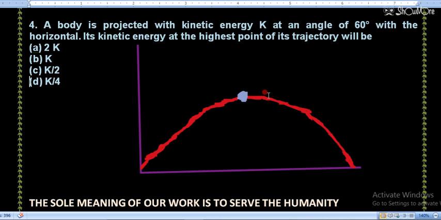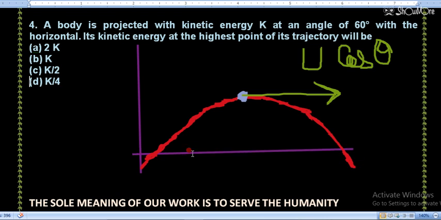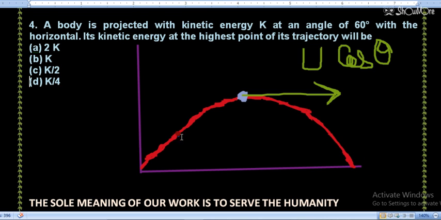At this point the body will obviously have some component along the horizontal, but vertically it is not going upward or coming downward. That means at this highest point the vertical component will be equal to 0. We have only the horizontal component, that is u cos theta, where theta is the angle with which the body is fired with the horizontal.